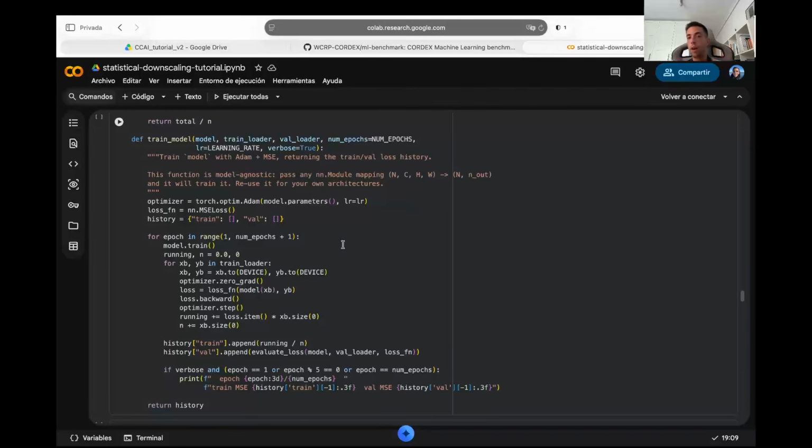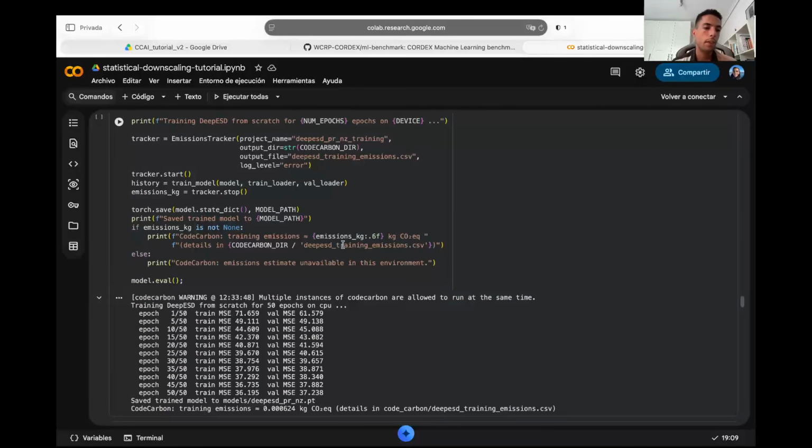For the loss function, we are using the mean square error, the most straightforward loss function for regression. It is true that this is not the ideal loss function for precipitation for different reasons, but in this case it's simple enough so you can get an idea of what kind of models you can use, and of what we do with deep learning for statistical downscaling.